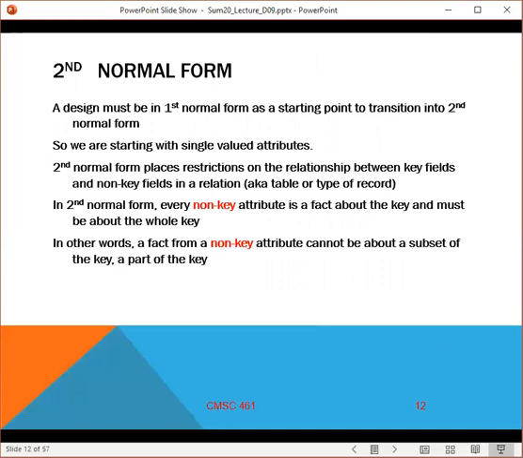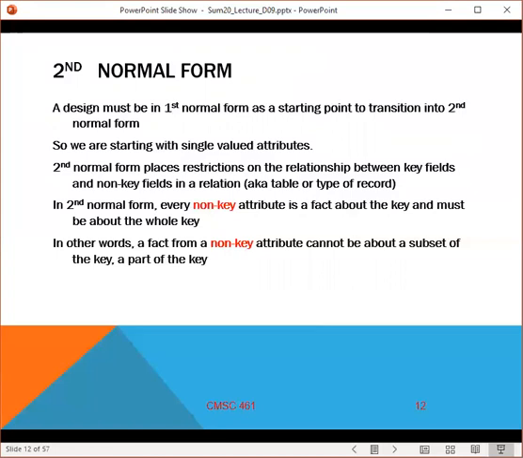So second normal form is where we make sure there are no partial dependencies. The steps we go through, we make new tables to eliminate partial dependencies, and we reassign corresponding dependent attributes to those tables.